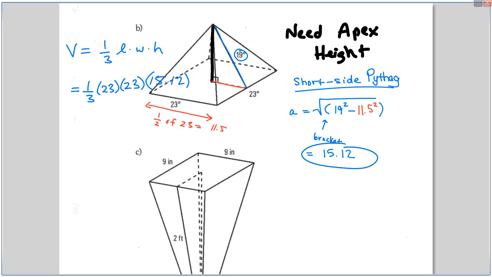So 23 times 23 times 15.12 times 1/3. And I'm getting a volume of like 2666.16. And this would be cubic inch, or inch cube, however you want to write that.